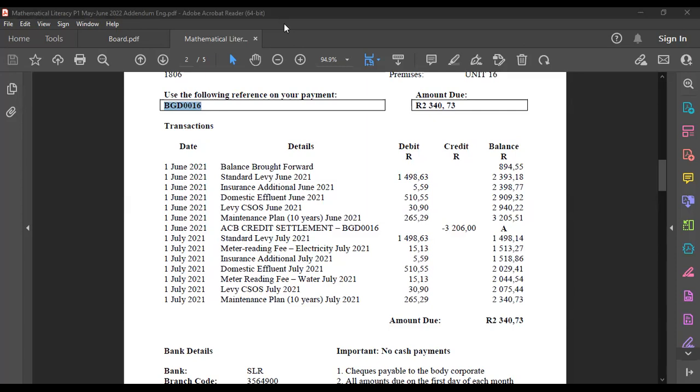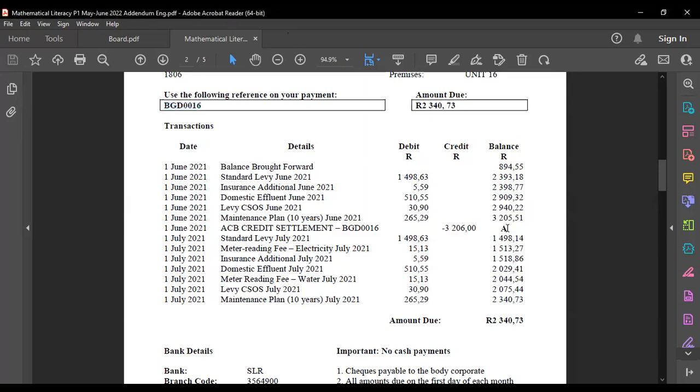Another one: calculate the value of A. The value of A is the balance that remains on the 1st of June. Since this is a balance, we need to add the previous balance plus this credit that came in. Credit, because the person made a payment. This shows as a negative because it comes from her account, but here it's supposed to be a positive.